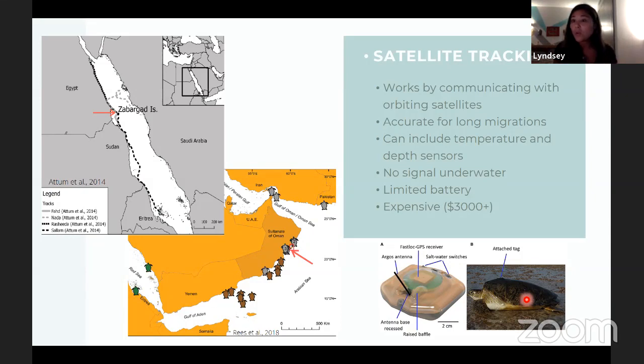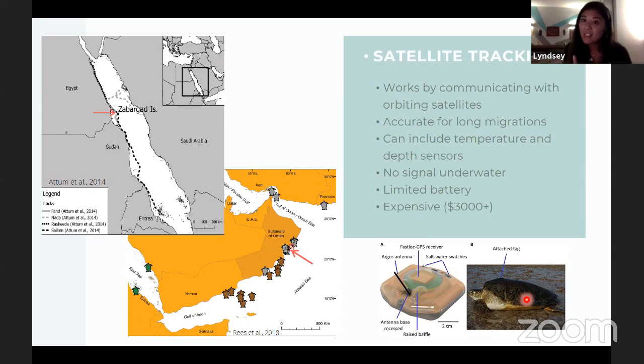This is really cool for us scientists because we can get almost live information on where the turtles are and where they're moving. Unfortunately, these can get pretty expensive. For the really accurate tags, they can cost well over $3,000. In addition, they don't last very long. Due to batteries and the fact that they can easily fall off the turtles, they might only last from 100 to 200 days.